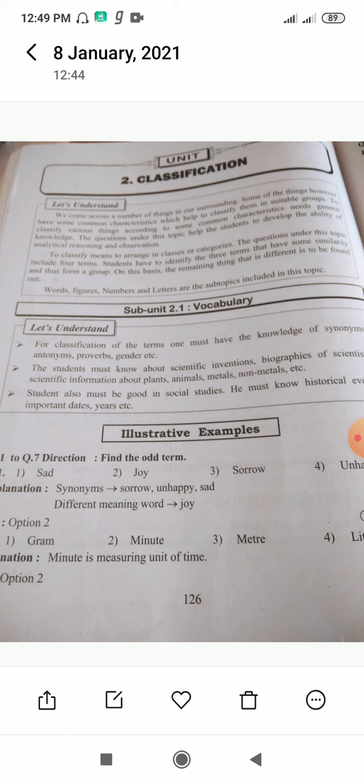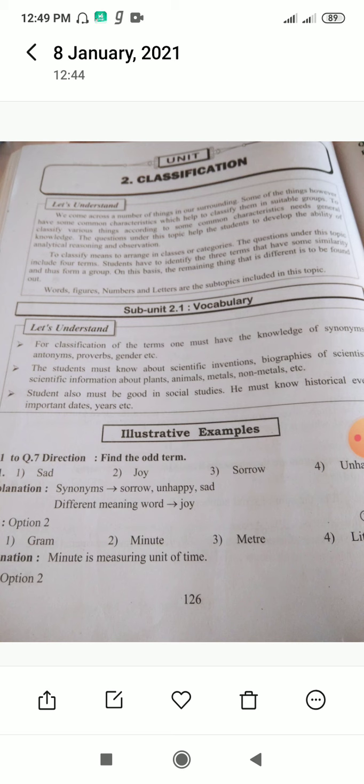Sorrow, unhappy and sad are synonyms of each other, meaning they have the same meaning, but joy is a different word, its meaning is happy. That's why option 2 is correct.